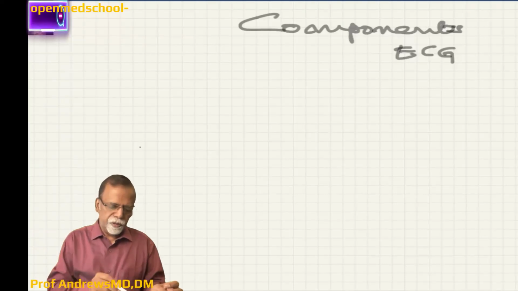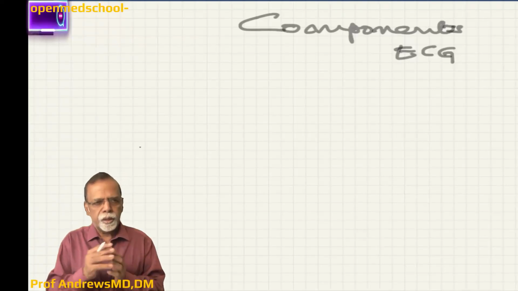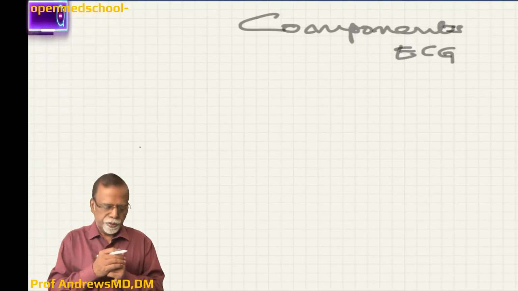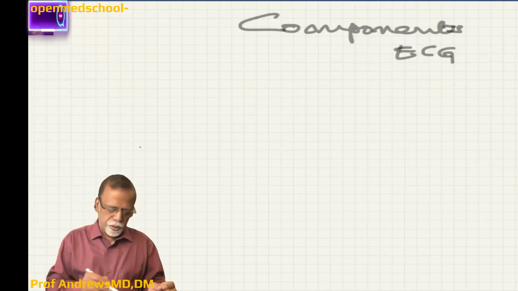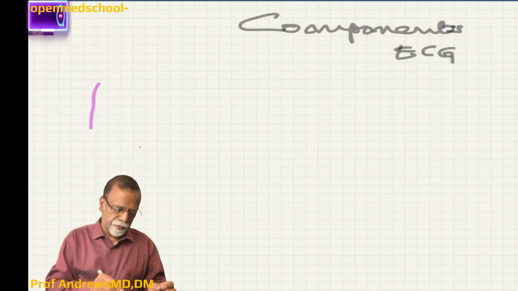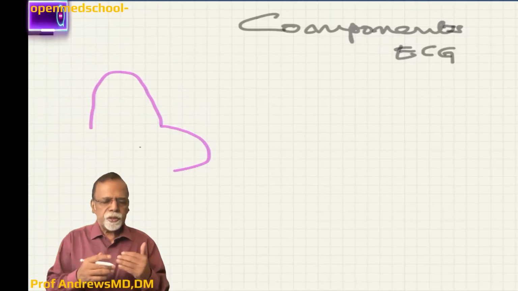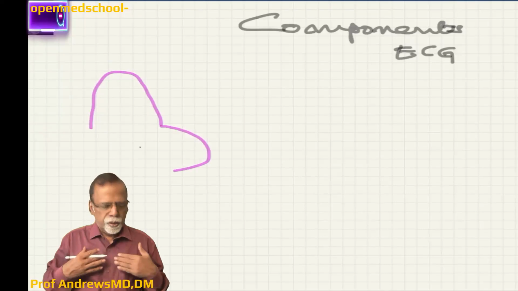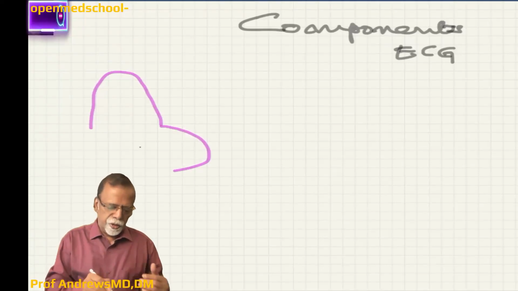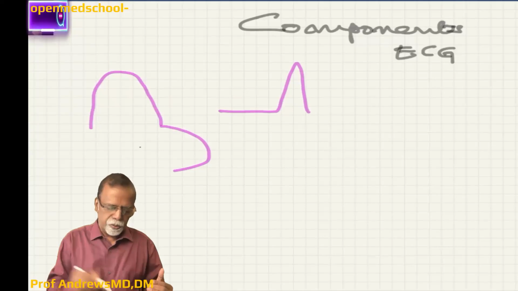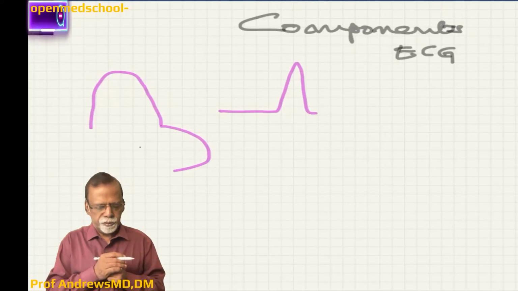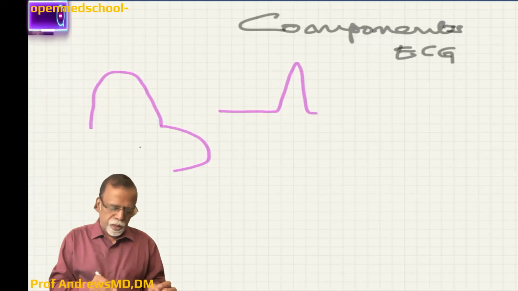We have mentioned that the P wave is due to atrial depolarization. We know that there is a right atrium and the left atrium, which is the posteriormost chamber. The right atrial depolarization comes first and produces the initial part, the positive deflection. The left atrial depolarization is a little late.